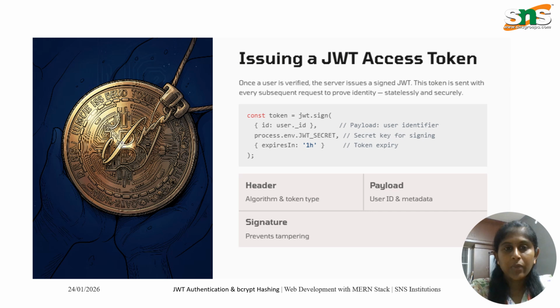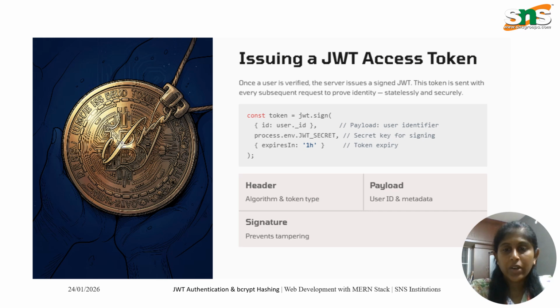Here we are going to see how JWT access tokens are generated. After the user successfully logs in, the server creates a JWT token using jwt.sign. The token contains payload information such as user ID and email. The token is digitally signed using a secret key.